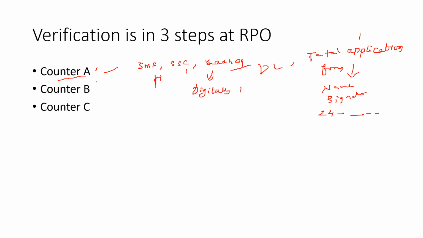They will accept only digitally verified documents. In the next slide, I'll show an example of what is meant by a digitally verified document. So, with this, counter A verification is done.